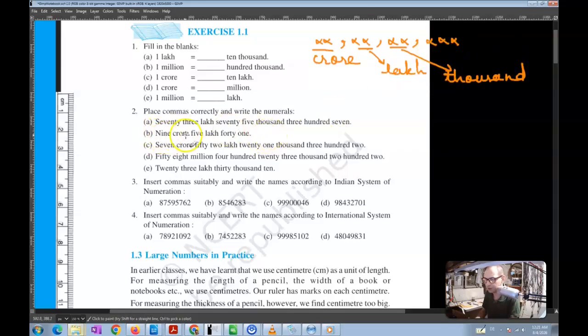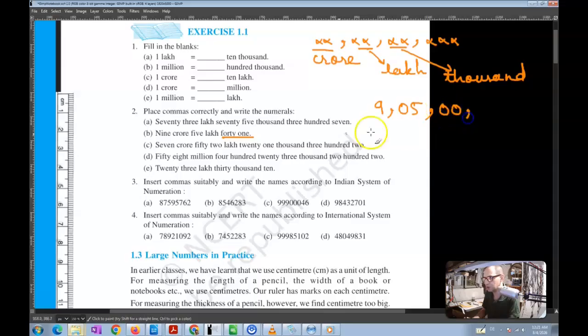So 9 crore, 5 lakh would be 05, and when you say 41, that means the thousand part is simply empty.